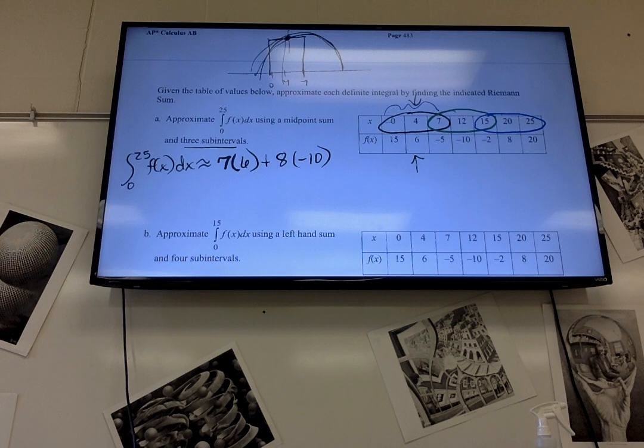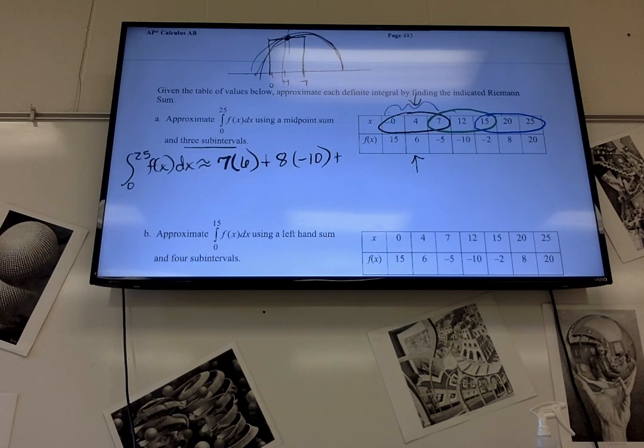Now, how can you have a -10 height on a graph? Yeah, it just means direction. It's just going in the other direction. It's down below the x-axis. Does that make sense? Yes, it is. It's probably doing something weird like that.